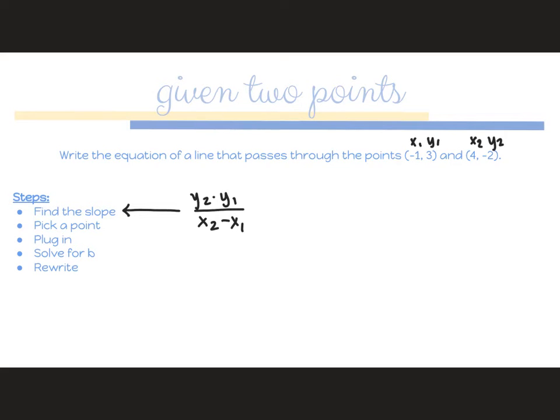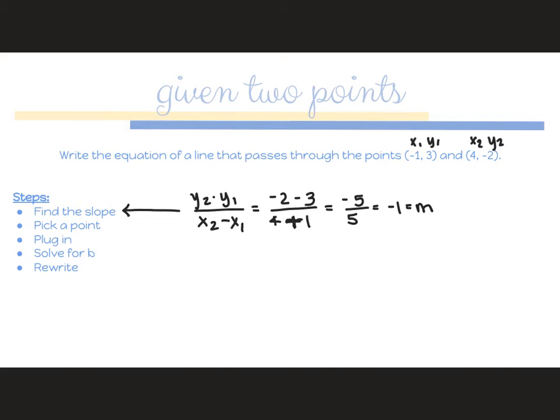Then I'm going to plug into the slope formula. So -2 minus 3 over 4 minus -1. -2 minus 3 is -5, 4 minus -1 is really like adding, so 4 plus 1 is 5, and -5 divided by 5 is -1, so my slope is -1.